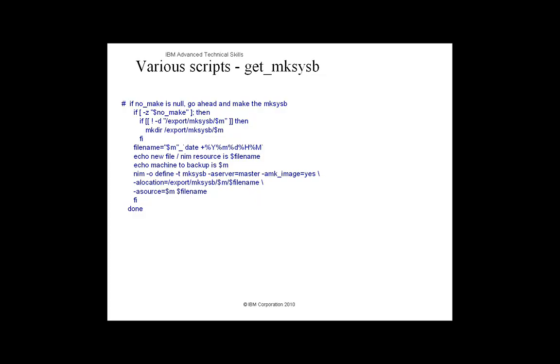And then my file name is machine $M_year, month, day, hour, and minute. And that's where I'm going to go collect the makesThisBe image. nim -o define -t makesThisBe server equal master make image yes, and go ahead and write it. So there's that.